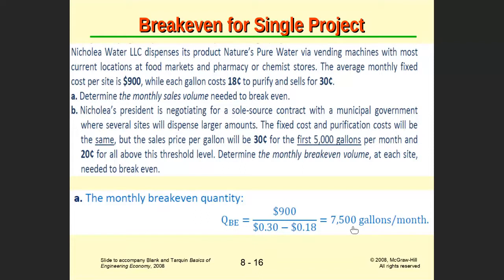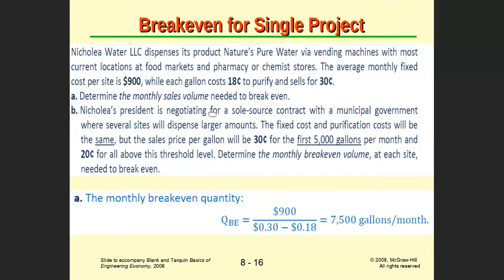In part B, there is a little trick here. We can skip all that and start with what information is needed to reflect on the variables. The fixed cost and purification cost will be the same. The variable cost is the purification cost, because you pay this cost based on how much you are purifying, which was 18 cents.